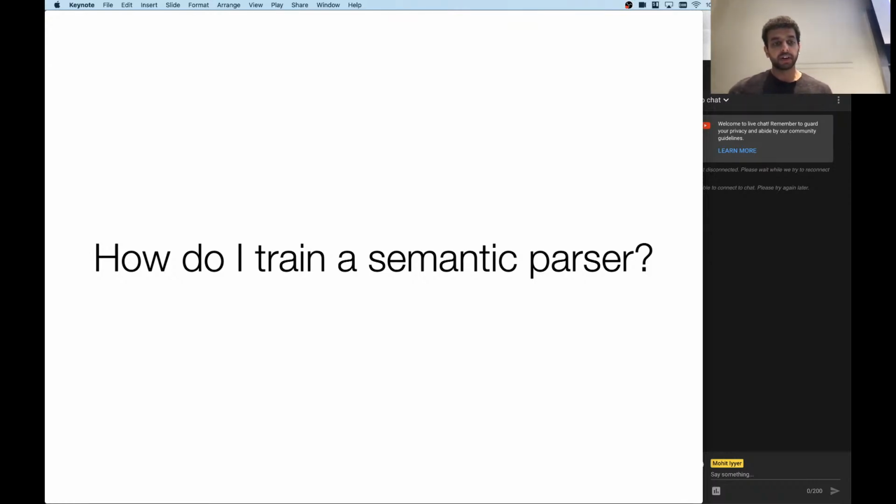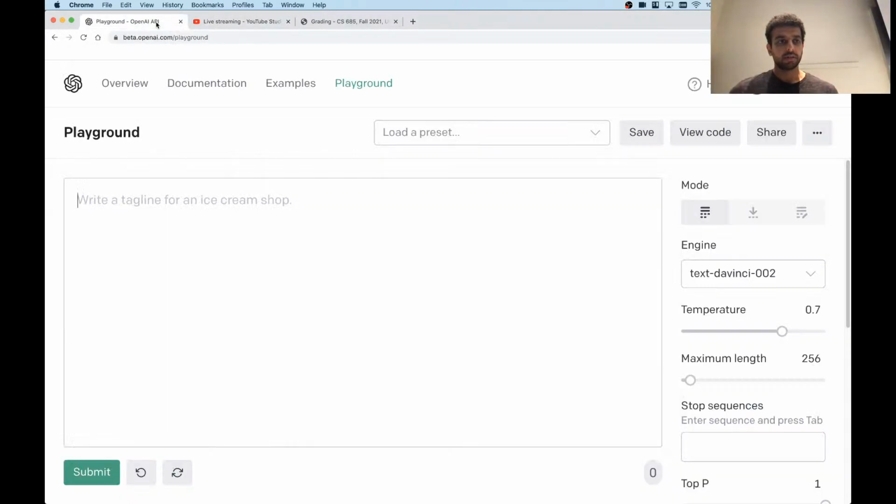Before we go into the training methods, I wanted to quickly show an example from GPT-3 of how this could work now in 2022 and why we might not even need to do this kind of training at a large scale, at least for simple things like restaurant reservation or something like that. So let me go to this. Refresh.